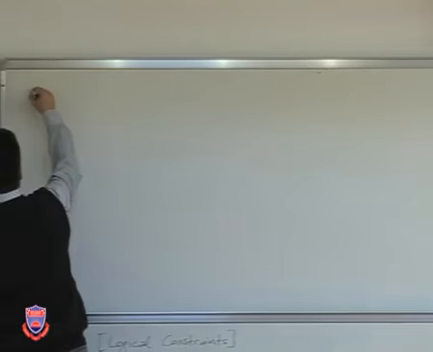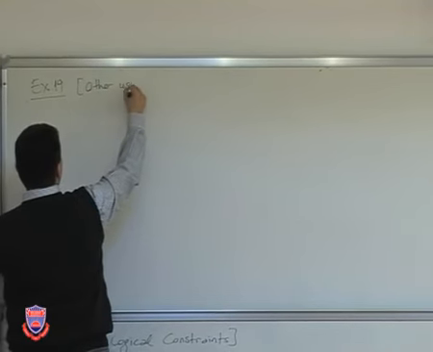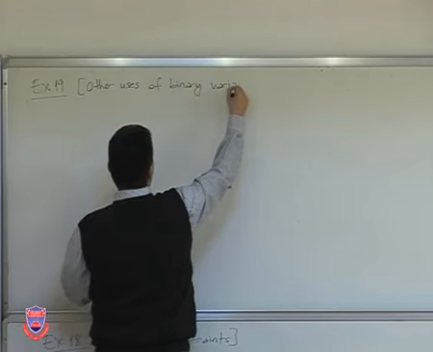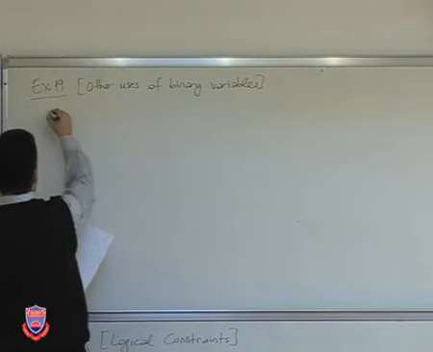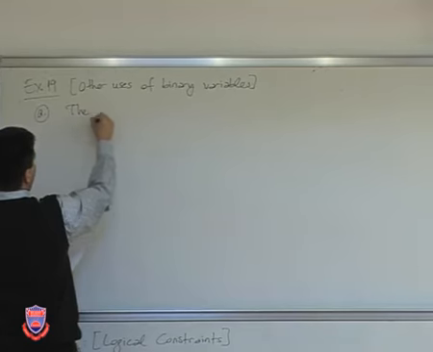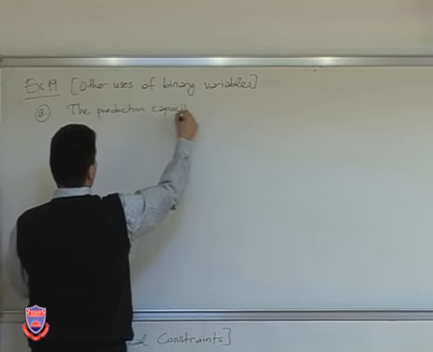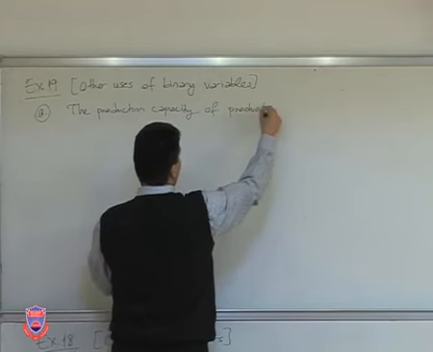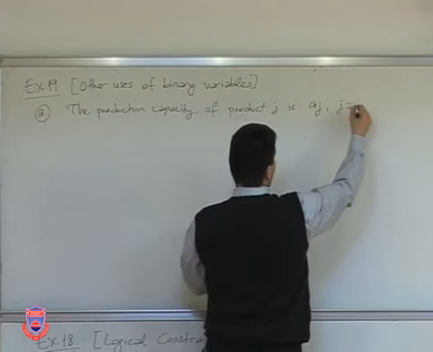Example 19. So this is the first part. So suppose that the production capacity of product J is AJ, where J goes from 1 to n.